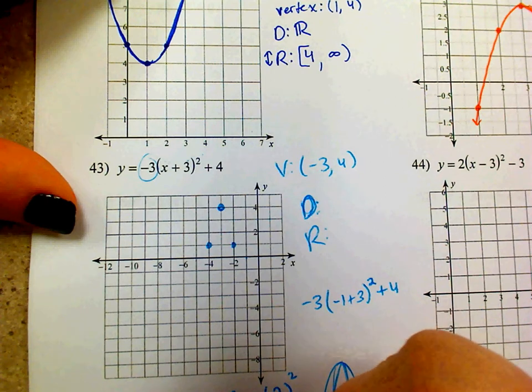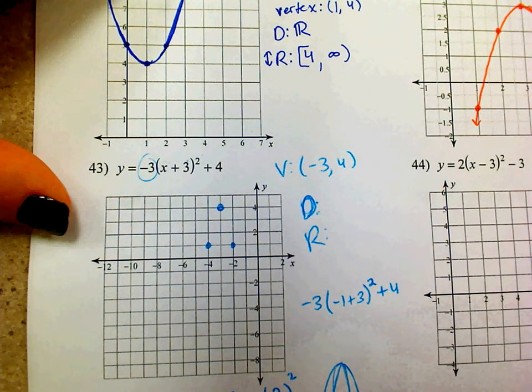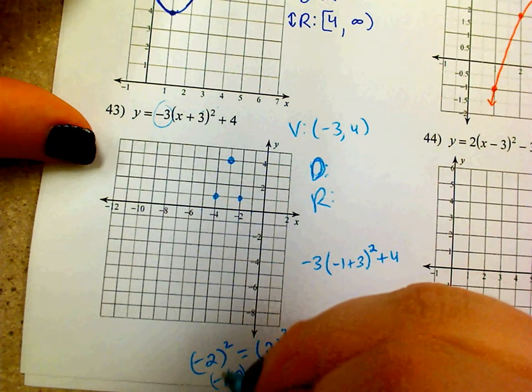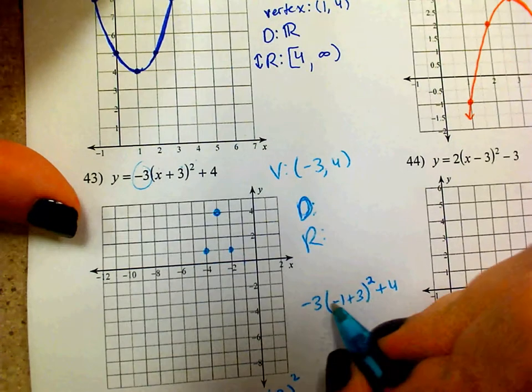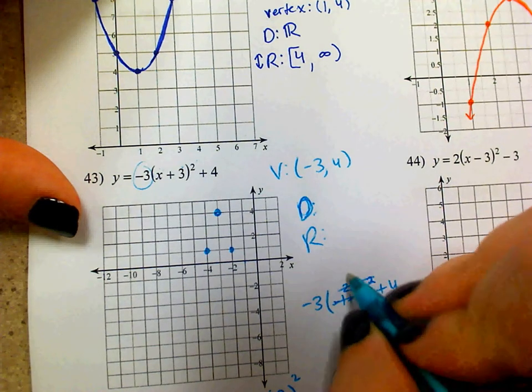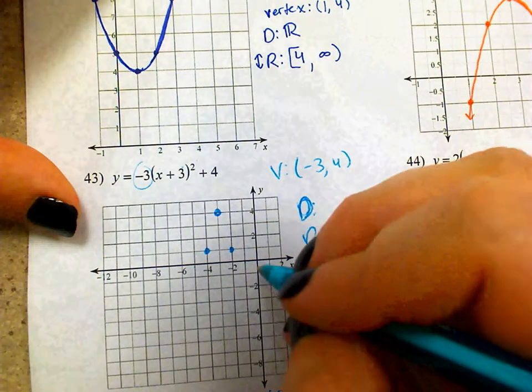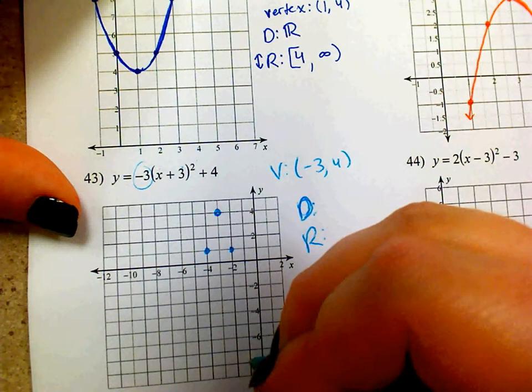Okay? Okay. So negative 1 plus 3 is 2. 2 squared is 4. That's a negative 12. Negative 12 plus 4 is a negative 8. So at negative 1, I'm at negative 8, which means at negative 5, I'm at negative 8. Connect.